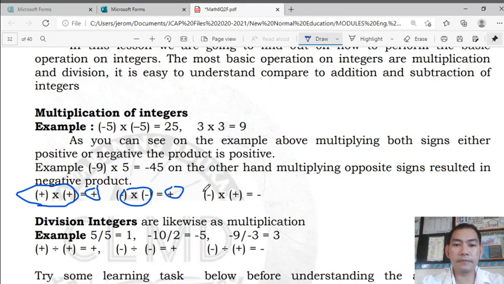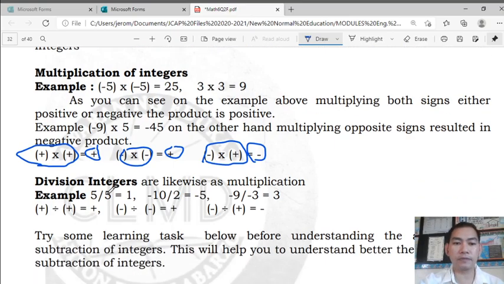While this one, negative times the opposite sign, the answer is negative. So therefore, our rule is that if the sign is opposite, the answer is negative. If the sign is the same, the answer is positive. Okay? So that's how easy multiplication and division is.